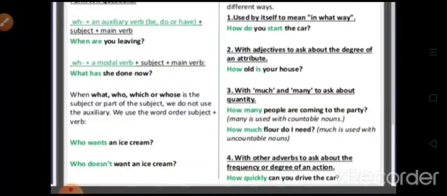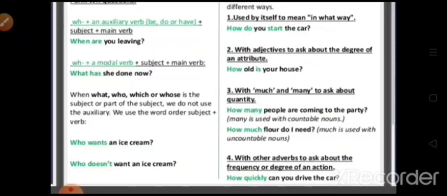Now here we can see the fourth one, with other adverbs to ask about the frequency or degree of an action. We can use how for asking the frequency or degree of an action. How quickly can you drive the car?